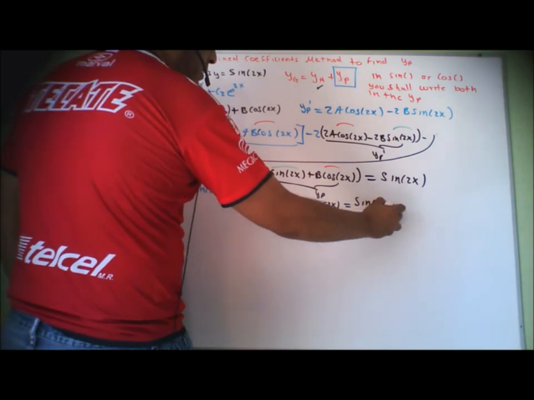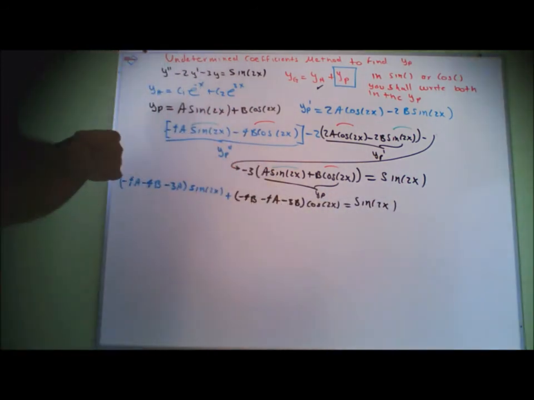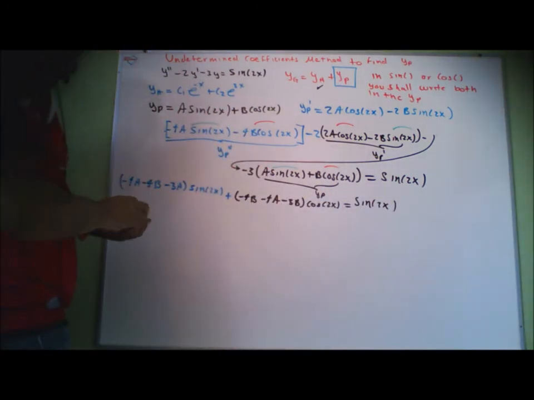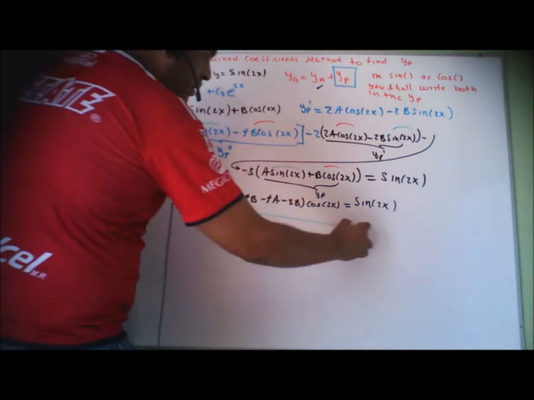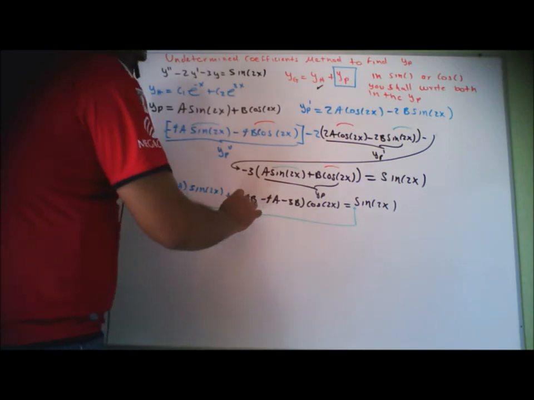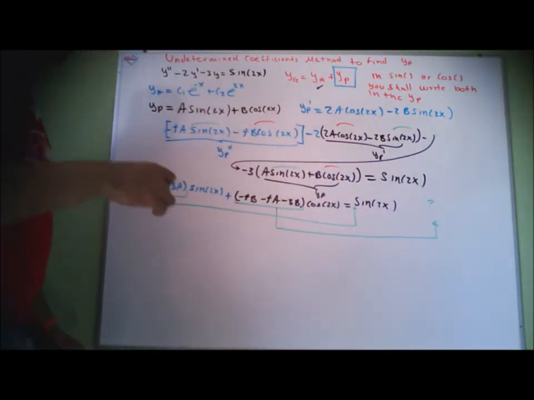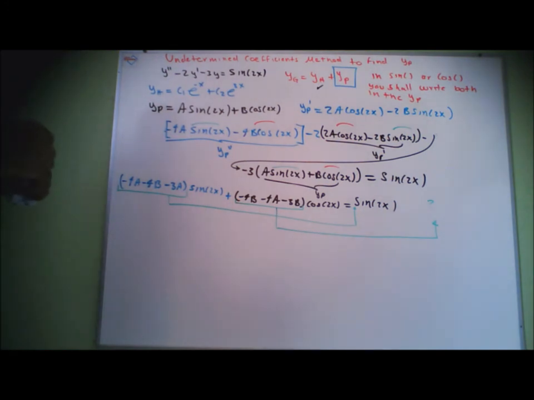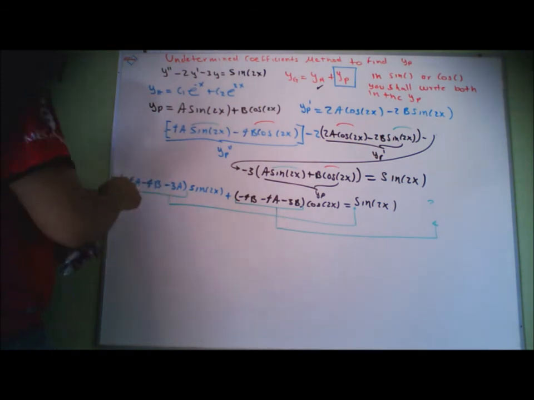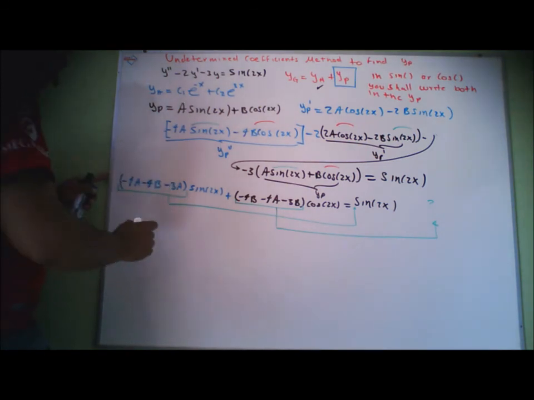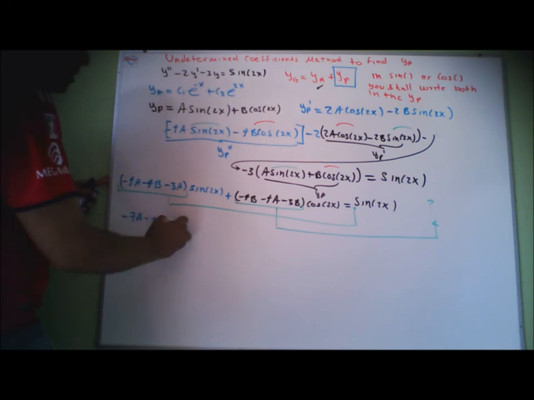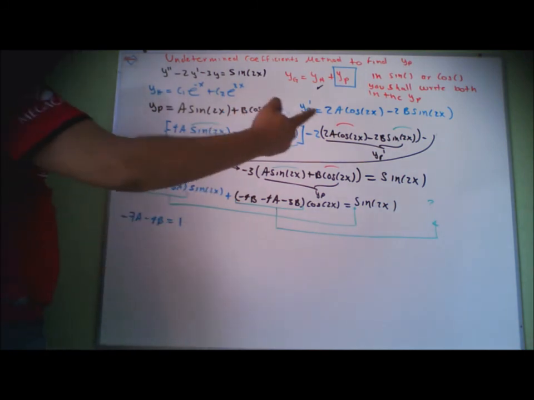So what we have to do is make the coefficients equal. The coefficient of the sine must be equal to 1: minus 4a minus 3a is minus 7a, minus 4b, equals 1. But what about the other one?